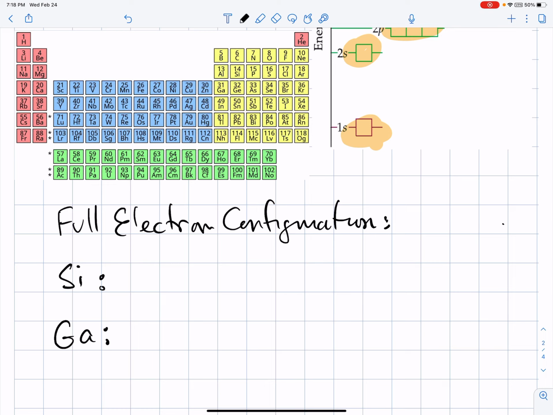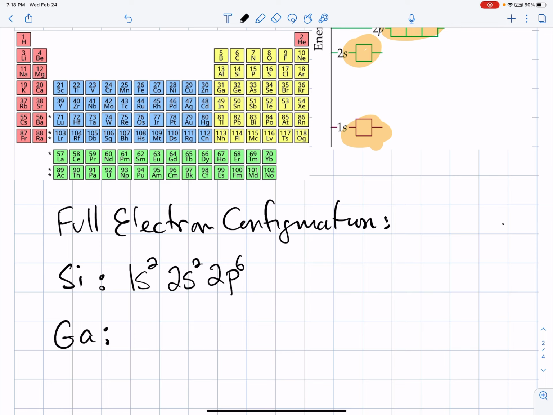So for silicon, you would start with 1s2. It's got 2 electrons in the 1s sublevel. On my periodic table, I'm at helium right now. Then 2s2 and 2p6. It's got 2 electrons in the 2s sublevel, 6 electrons in the 2p sublevel.